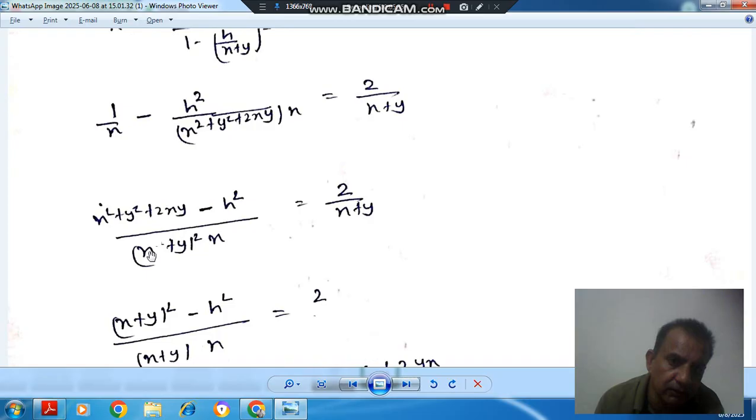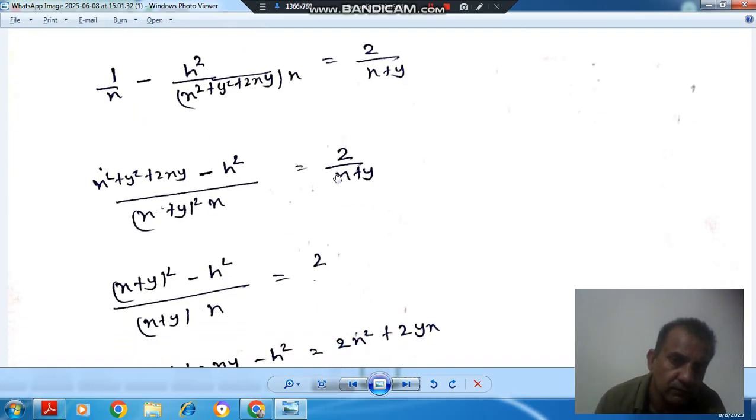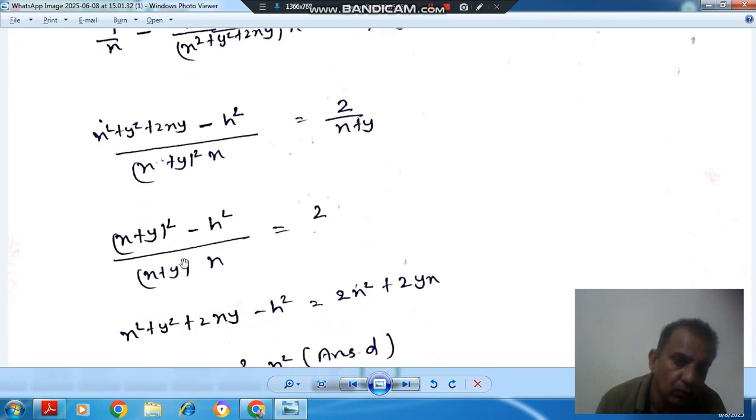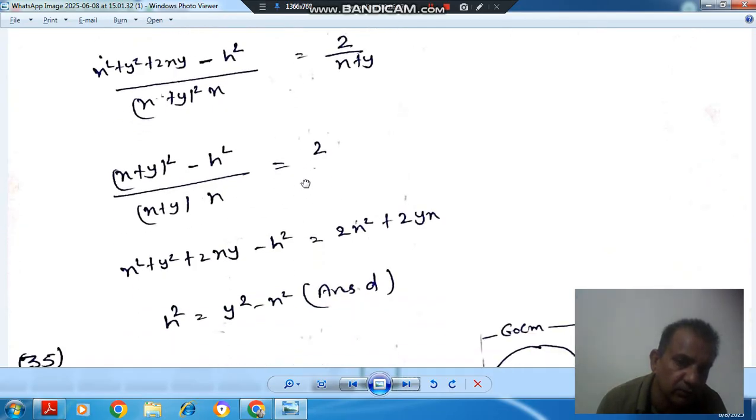So if we take LCM, then it will be x plus y whole square, and this will be x square plus y square plus 2xy, or we can say x plus y whole square, minus h square, and it will be 2x plus y. Or further we can cancel out this x plus y, and this will be x plus y whole square minus h square divided by x plus y divided by x is equal to 2.